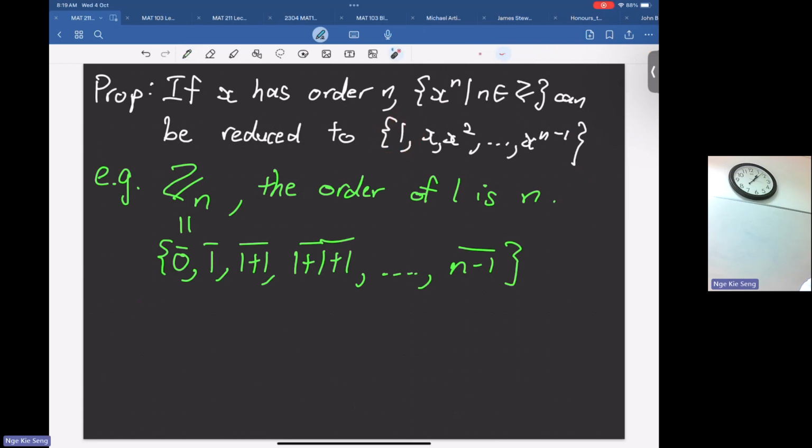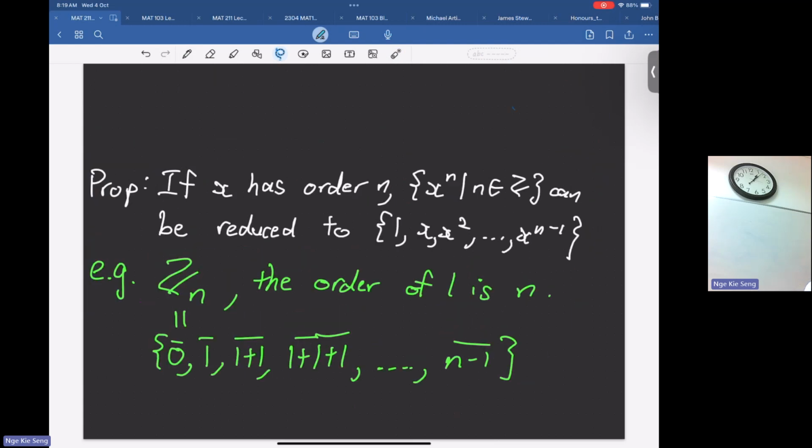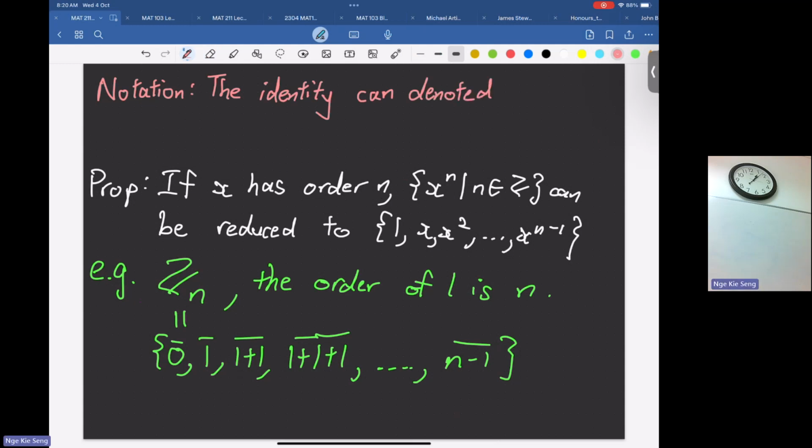Be careful. I still want to remind you about the notation of elements, because now we already have a lot of composition coming in. Sometimes it's convenient to write the identity in some form. The first notation I expose to you is E. Sometimes we put the identity as 0 or 1.